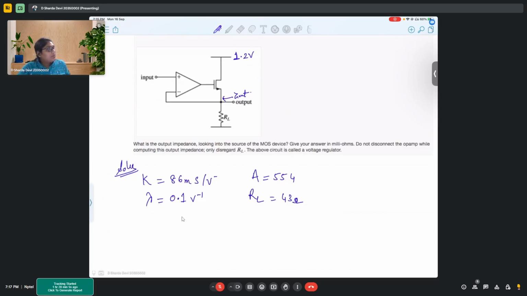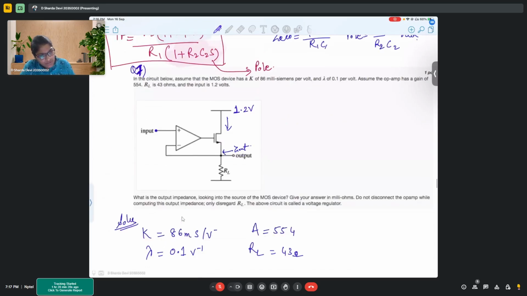Okay, so in this particular problem, whatever the ID is, ID would be V out by RL, correct? Now, since it is an op-amp, input is 1.2 volts.